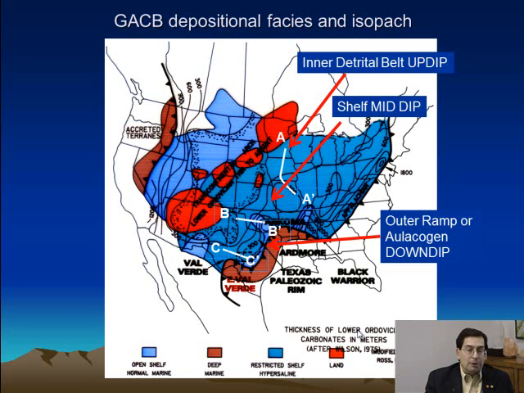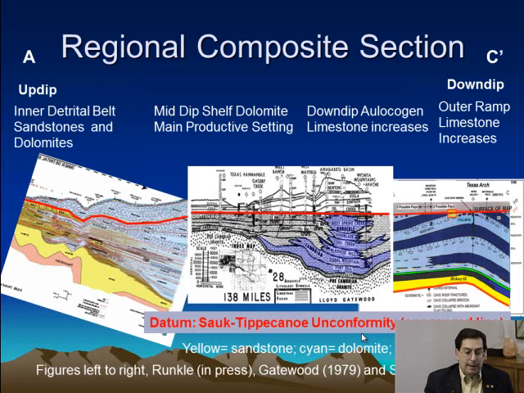In the distal portions of the production, as we get to the south, they become more limestone rich, and as we go off ramp they become more distal. So we'll look at a composite section, if you will, from A up dip to C prime down dip, and these are three separate sections that are put together.